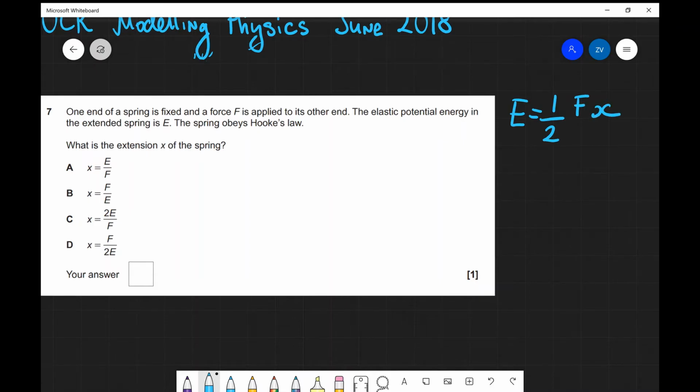This is given in your formula sheets. So we can simply rearrange for the extension x. In this case, x is equal to 2E divided by F, and so that leads us to answer C being the correct answer.